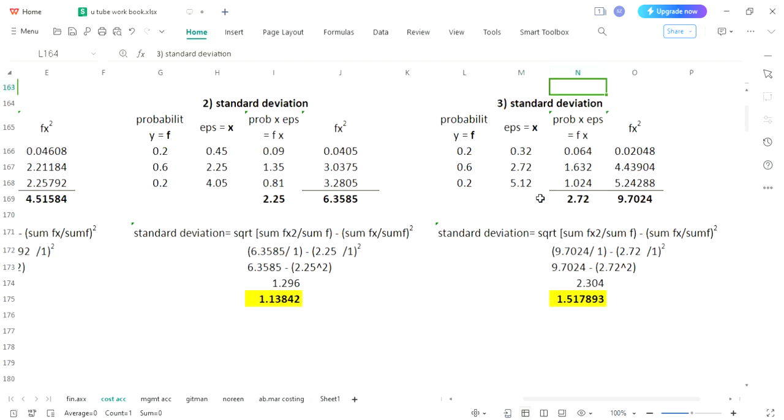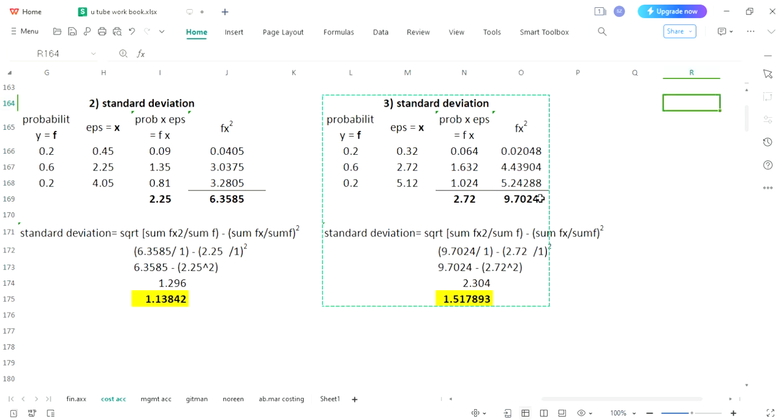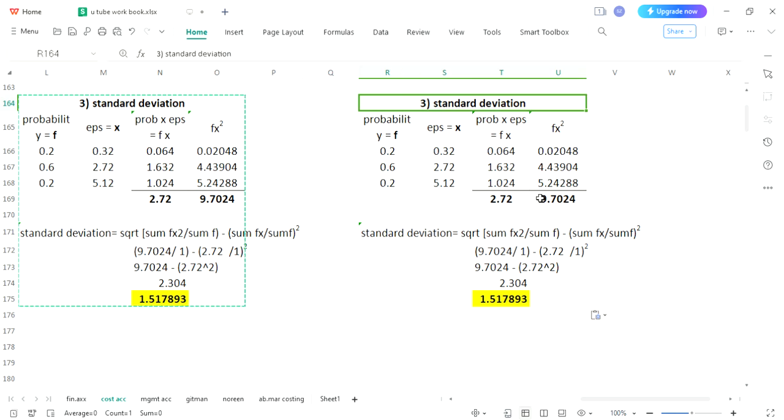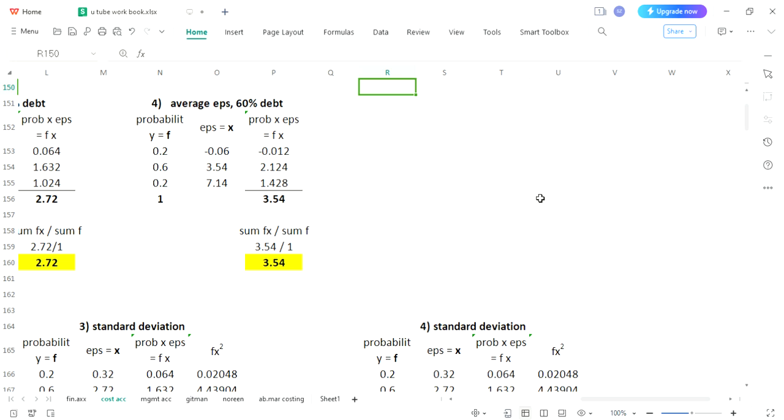All answers are matched. And again we are doing the same thing, just using these headings for calculation of the fourth standard deviation. Here we will just change it. Since for the fourth standard deviation EPS were calculated, here you have your EPS, and you will change it accordingly.